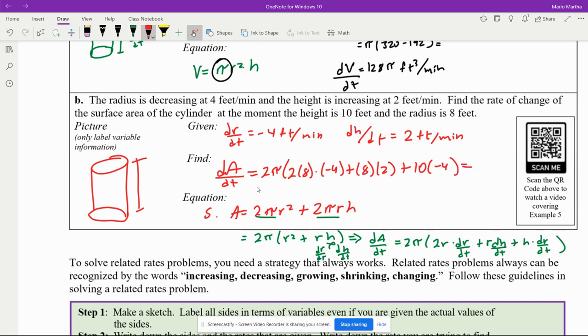All right, and then we keep simplifying that, and then we end up with 2 pi times -64 plus 16 minus 40. And then that's equal to, in this case, -176 pi, after you multiply it out, feet squared per minute.